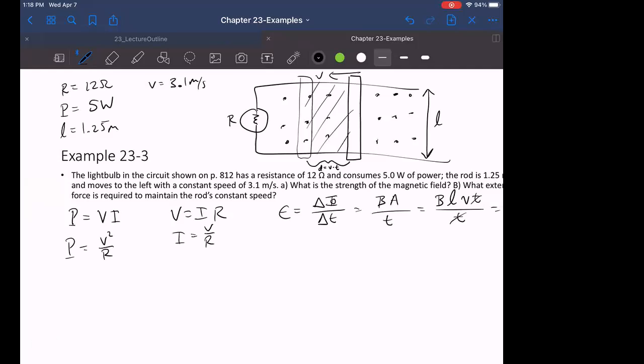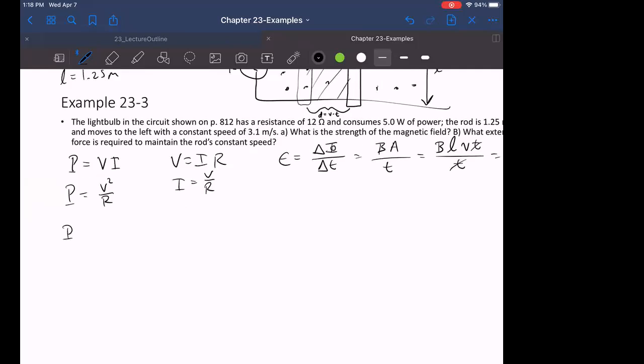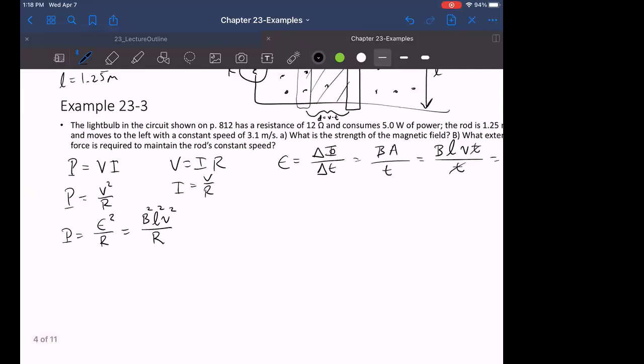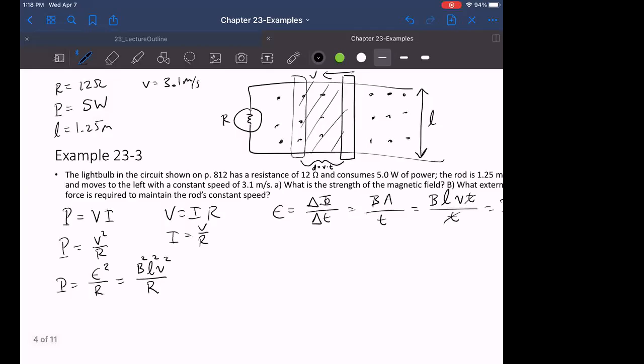Okay? And then instead of V squared, of course, it's our EMF squared. So power equals epsilon squared over R. Our epsilon is BLV, and it's all squared over R. And so that has to equal 5 watts.